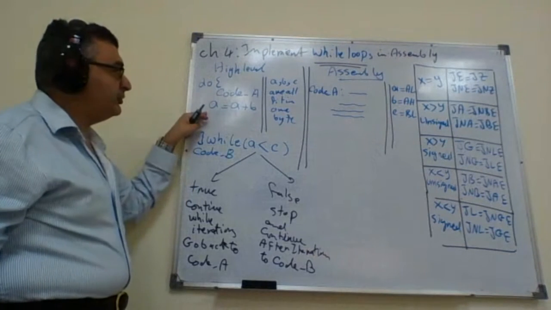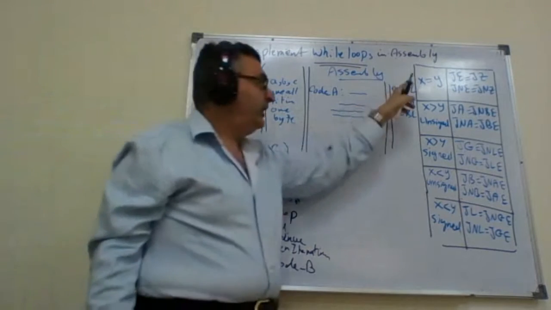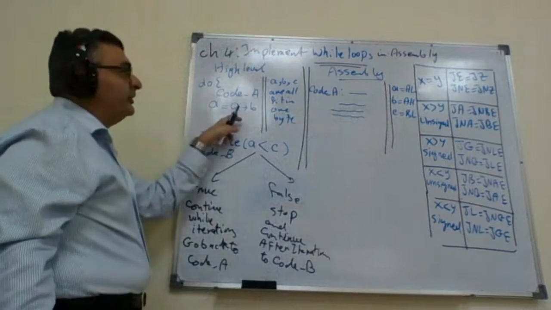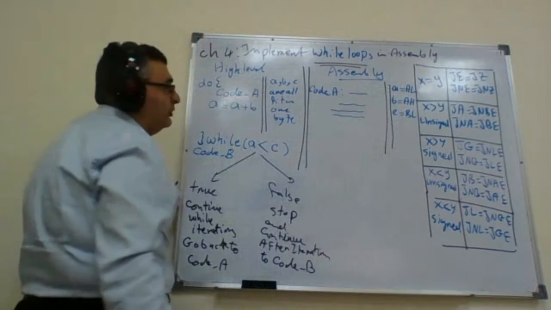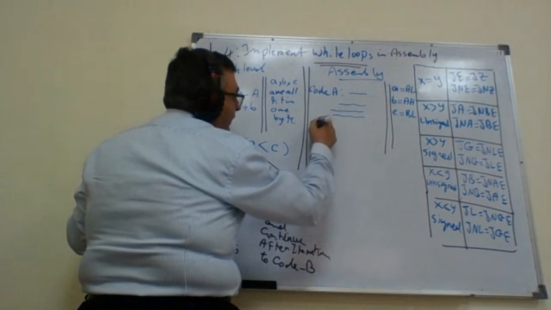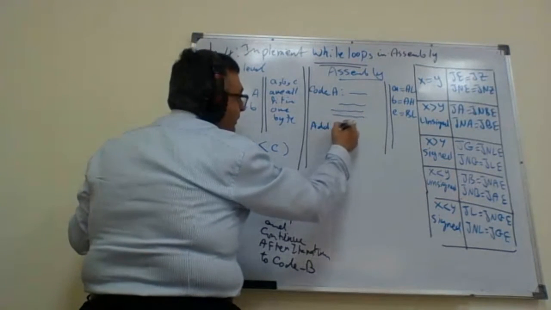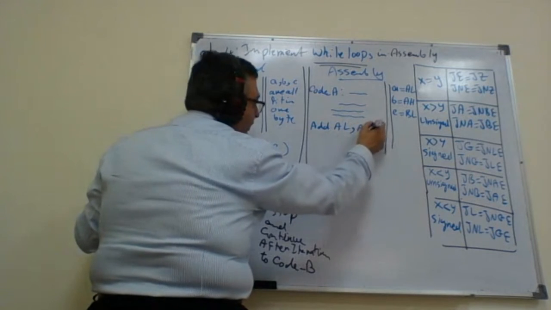Now I want to start modifying A. A is in AL. I want to add to it the value of AH in order to calculate the new AL, so I will do add AL, comma AH.